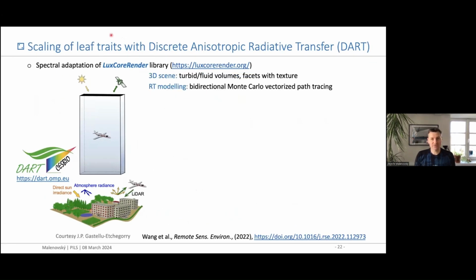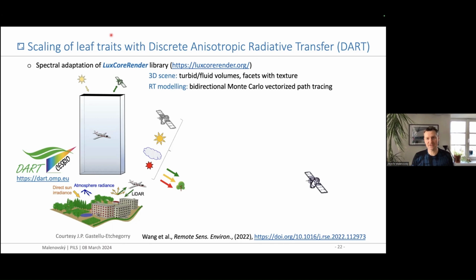The radiative transfer model which we used here for this case study is called DART, Discrete Anisotropic Radiative Transfer. It is based on the LuxCoreRender library, which is an open source rendering library, and it was repurposed to simulate spectral radiative transfer by bidirectional Monte Carlo vectorized path tracing. The unique thing about this radiative transfer approach is that it only traces photons ending up in our sensor.